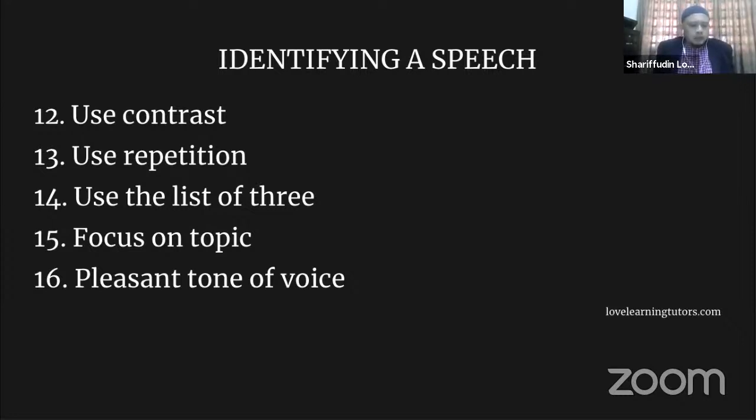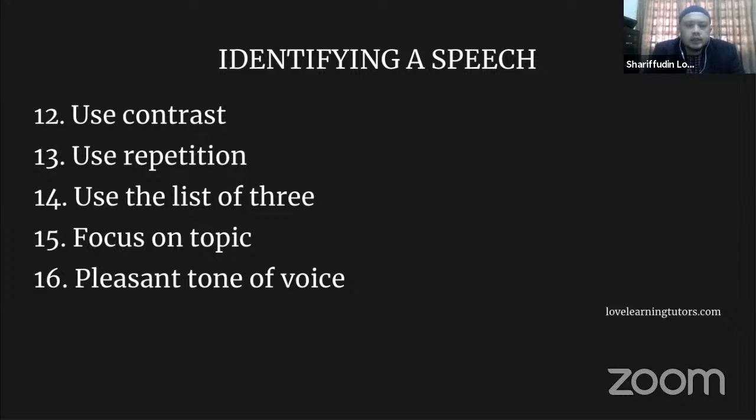Identifying the things that you would like to put in a speech, when we have a point, we want to make our point much clearer or much more interesting. Then we use contrast.